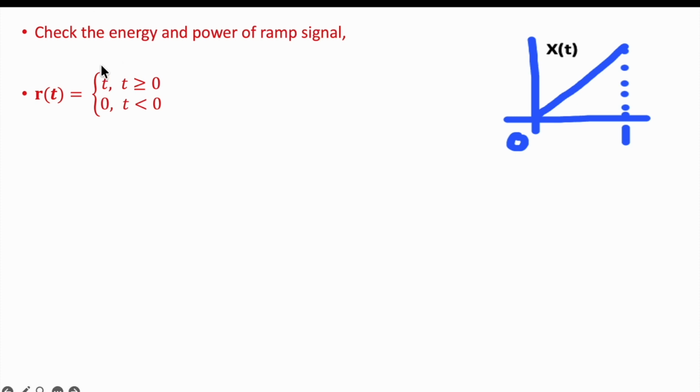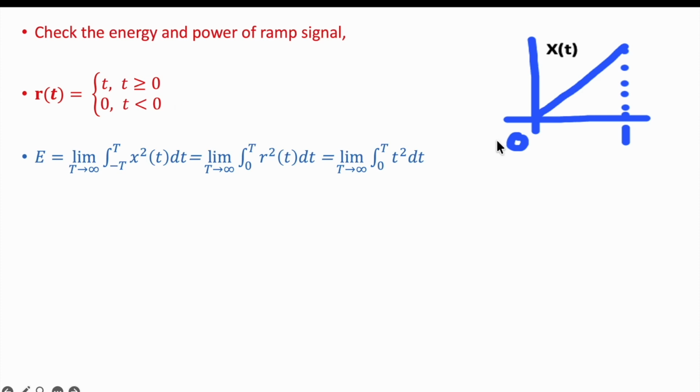Mathematically, you can write the ramp function using this equation: r of t is equal to t when t is greater than 0, and 0 when t is less than 0. You know from this graph that the signal is of infinite duration, so you can use the equation of energy for the infinite duration, and then insert the signal x square of t.